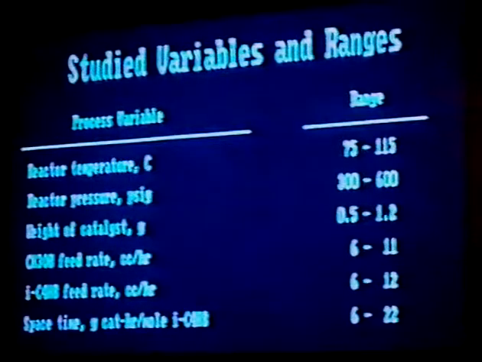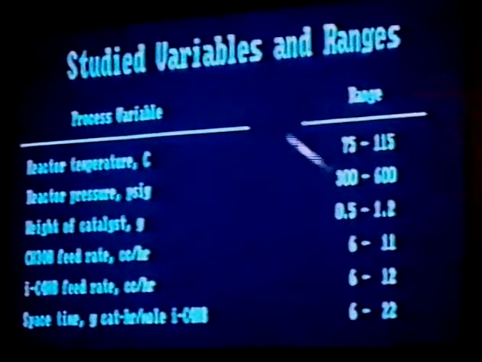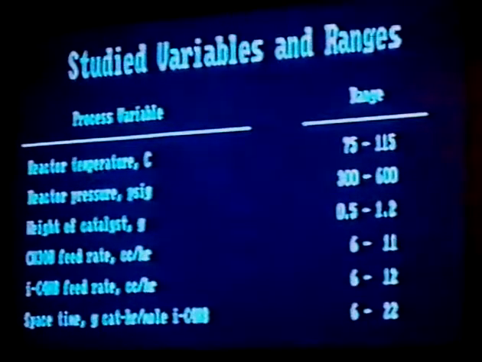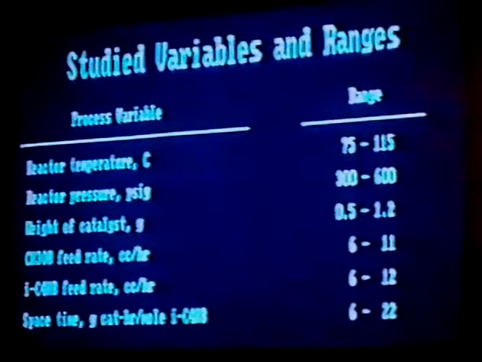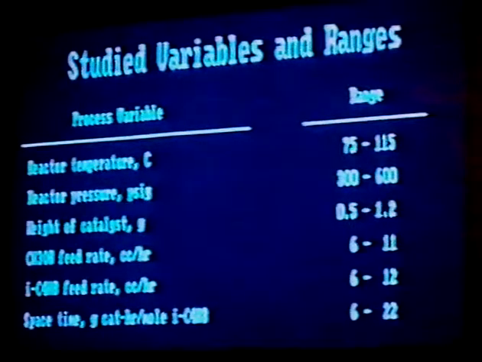So with these constraints then, we looked at reactor temperatures of about 75 to 115 degrees C, pressures of 300 to 600 psi, 20 to 40 bar, and the reaction product mixture was in the liquid phase at these pressures. The microreactor contained a half to 1.2 grams of catalyst, which was typically 40 to 60 mesh in size, with the reactor diameter of the microreactor of 3/8 inch tube.